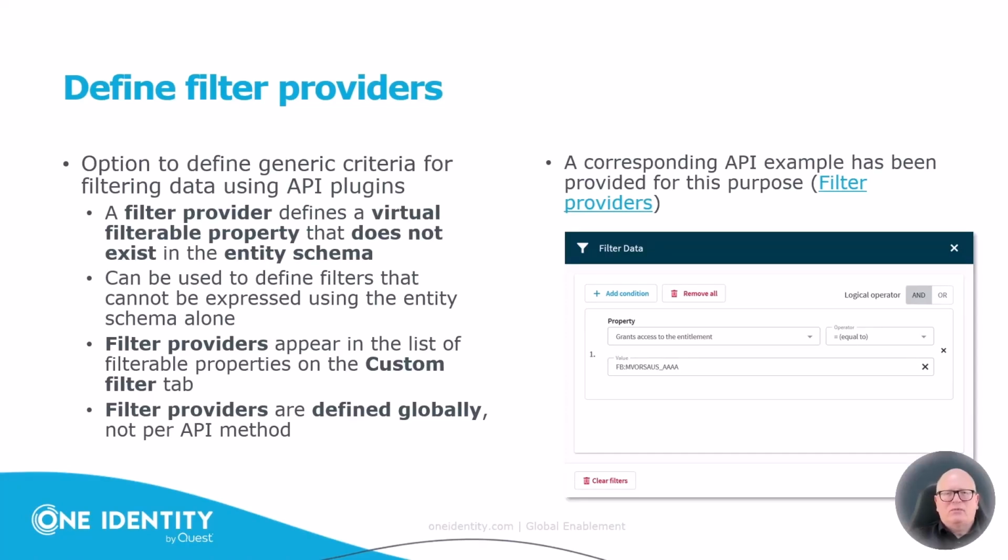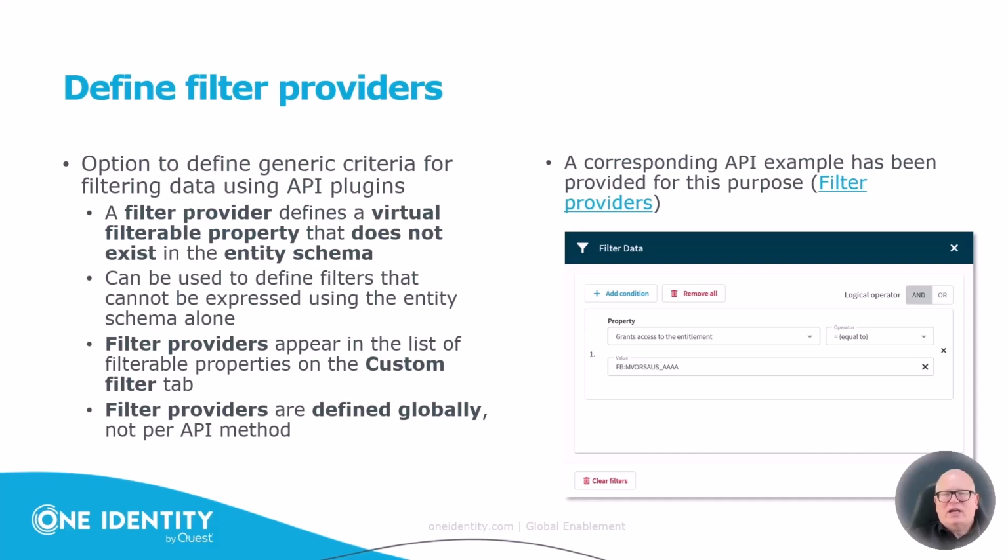Why is this helpful? This is helpful because it allows you to create properties which are not available in the data schema. So you get a virtual filterable property that can be used in your API endpoints, but there is no stored data structure in the database behind it that provides that.